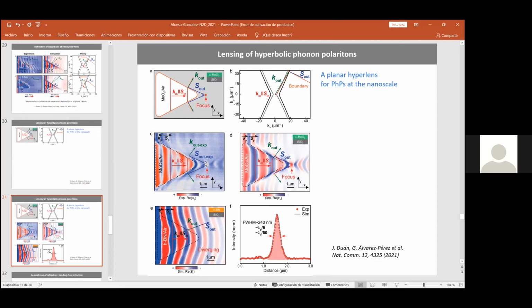But this peak does not reach much more intensity than the previous one. So it's significantly limited by losses, right? By losses, yes. You have to take into account that in these refraction experiments, we need a propagating polariton that is already propagating from the edge. So when we are measuring it, it already propagates 5-6 fringes. So we are already in the decay region for measuring this, right? And yeah, this is what it is.